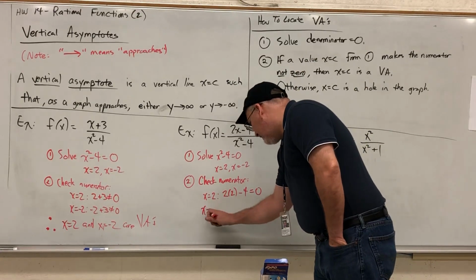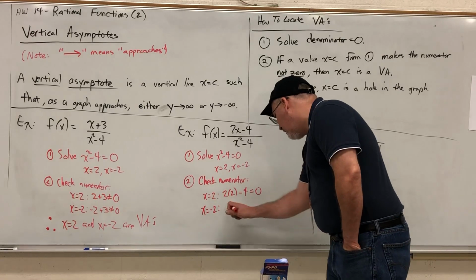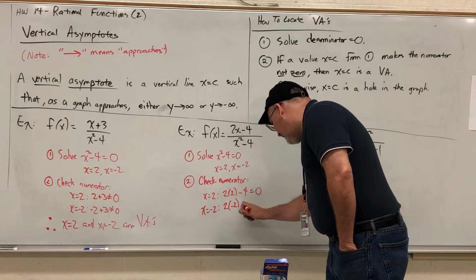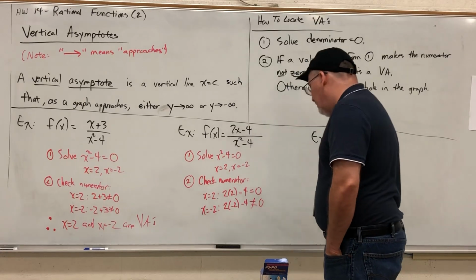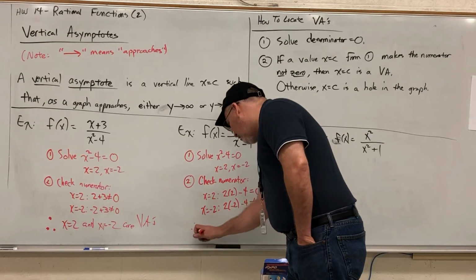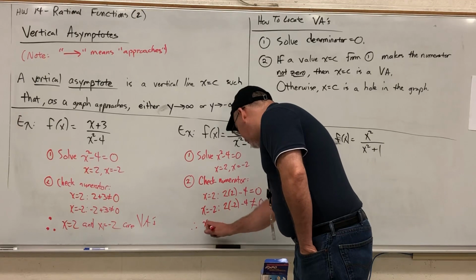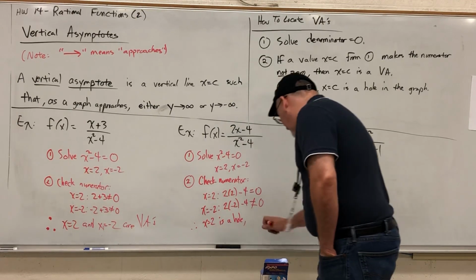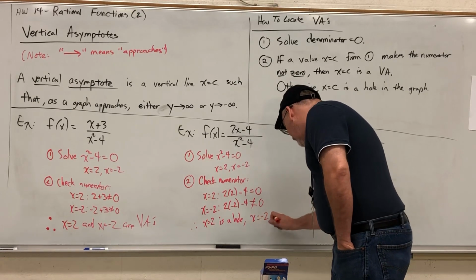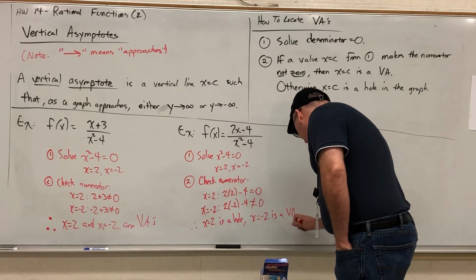But if we put negative 2 into the numerator, we get 2 times negative 2 minus 4, which is not 0, it's negative 8. So the conclusion that we would draw is that x equals 2 is a hole, and x equals negative 2 is a vertical asymptote.